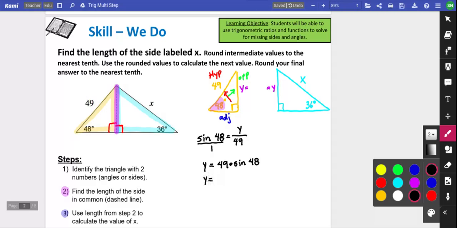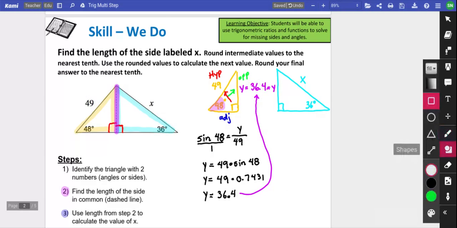I get y equals 49 times, I am going to evaluate sine 48, and I get 0.7431. Then on my last step, I multiply those two together, and I get that y is 36.4. This is an intermediate step, which I'm going to be writing there, 36.4.